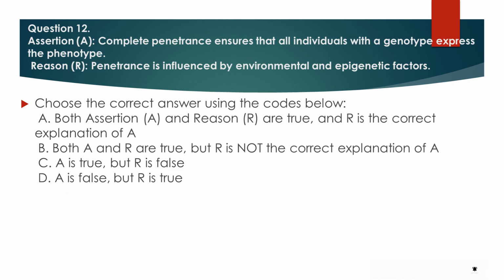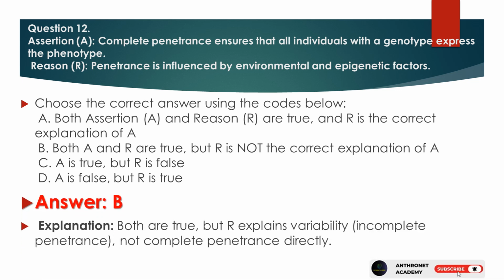A. Both assertion, A, and reason, R, are true, and R is the correct explanation of A. B. Both A and R are true, but R is not the correct explanation of A. C. A is true, but R is false. D. A is false, but R is true. Answer, B. Explanation: both are true, but R explains variability, incomplete penetrance, not complete penetrance directly.